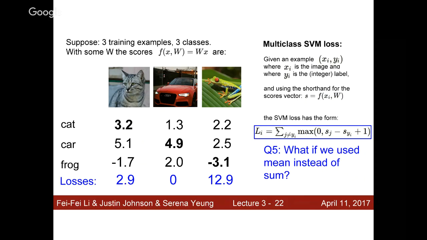Yeah. So say you only have one mistake, and that gives you a loss X. But if you have two mistakes with each individually less loss, you'll have less of a loss because you've taken the mean.